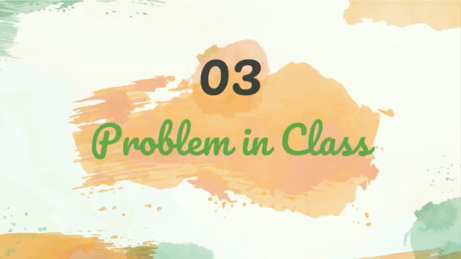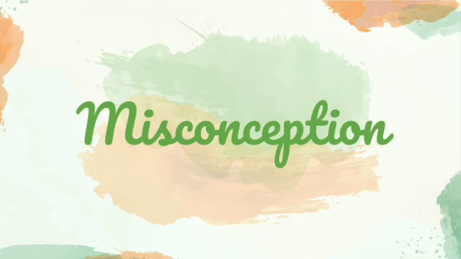Next, Chapter 3, Problem in Class. The students' problem during the learning process is they are having a misconception in understanding the topics. They usually can't describe the types of units and how to put the data into diagrams.